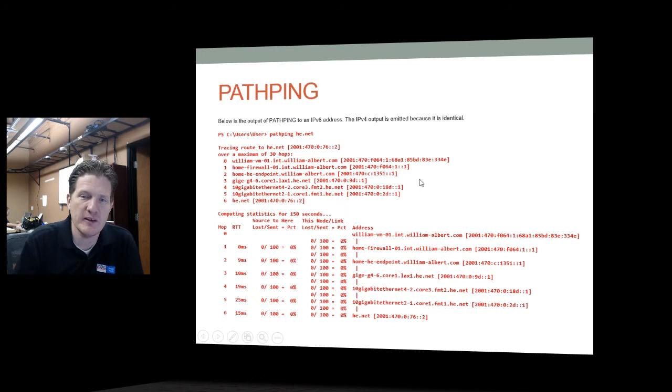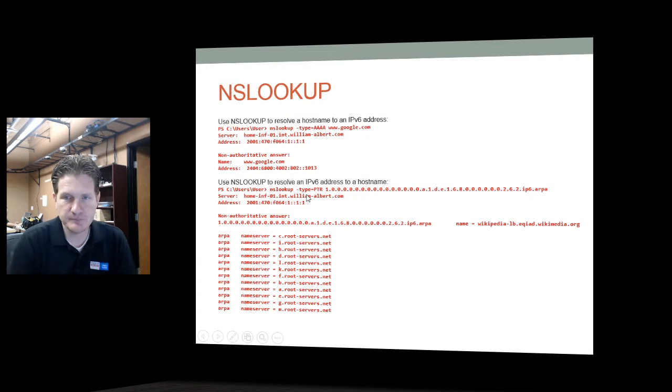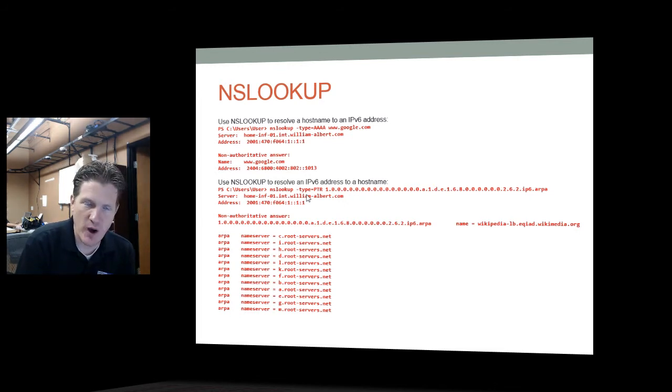Another command is called pathping. Pathping will figure out what your path is, and if it follows an IPv6 path, it'll tell you. The IP version 4 pathping would be the same. NSLOOKUP. When you type nslookup, you can type nslookup space -type equals quad A, right? And then the domain.